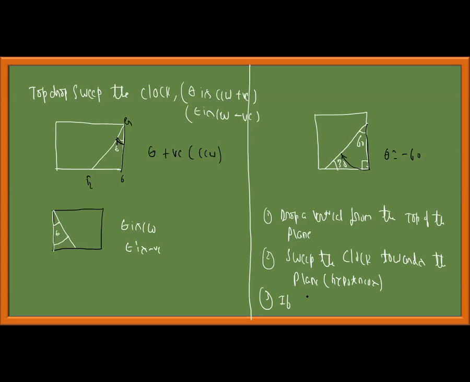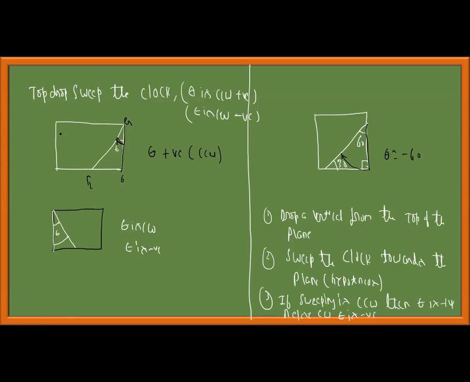If the sweeping is in the counterclockwise direction, then theta is positive, or else if it is in the clockwise direction, theta is negative. When you solve the problems, you'll come to know.